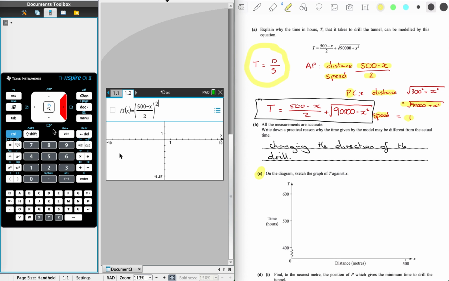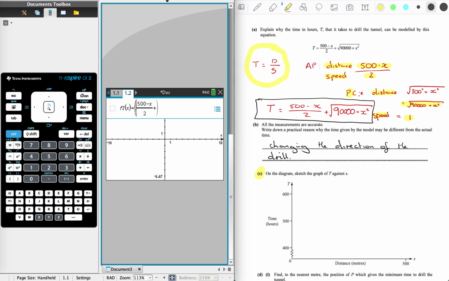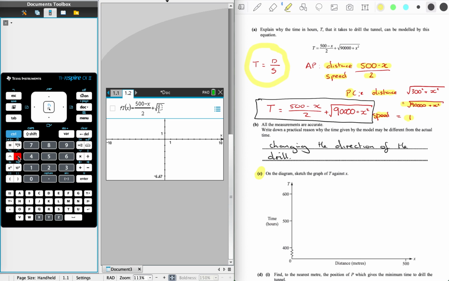Okay, and it was a plus then, I've got this bracket I don't really need, okay, there we are, plus, now this is where it went wrong before, square root of 9 with 4 zeros, plus x squared. And we plot the graph, and there it is in all of its glory.